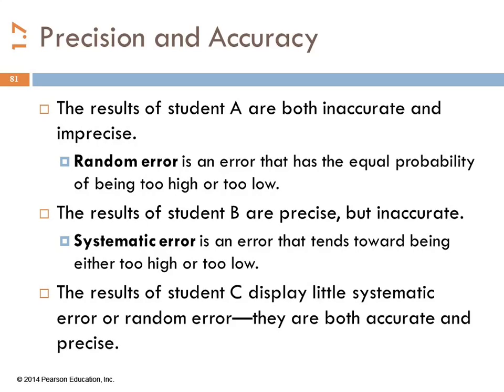Or if the measuring device that you're using isn't calibrated correctly, it's always going to be off in the same direction. There's a lot of different possibilities for systematic error. And then student C has little systematic error or random error, both accurate and precise. Any questions about that?